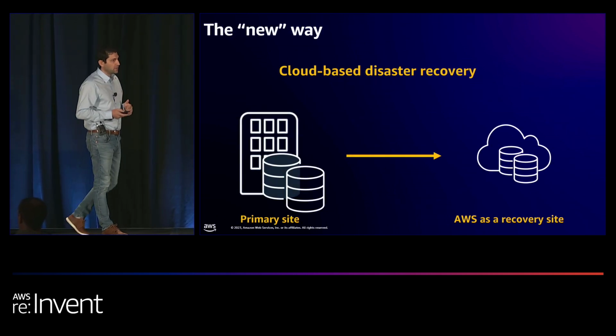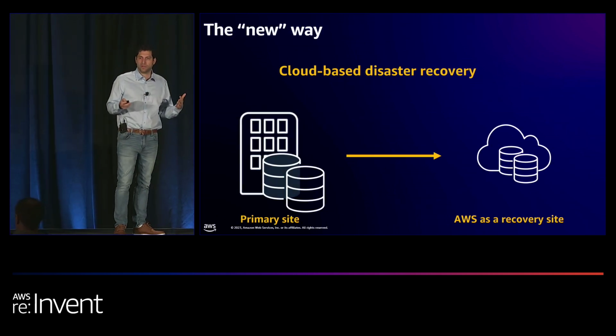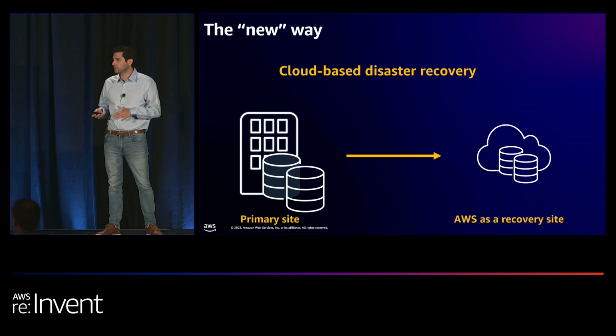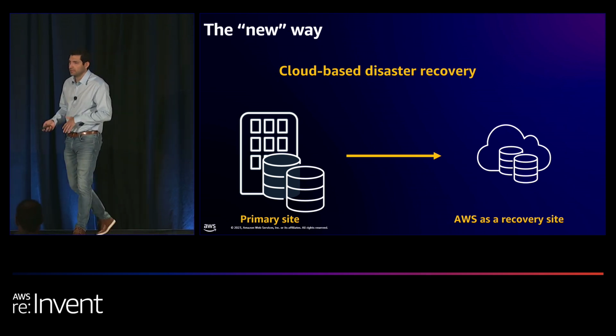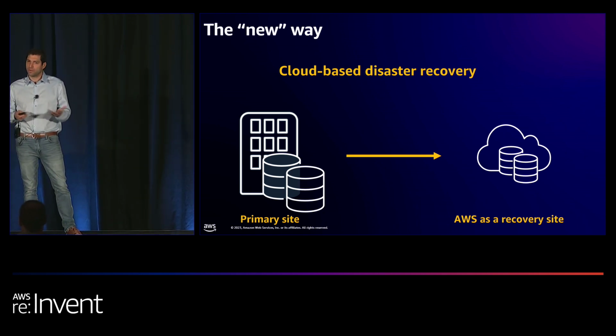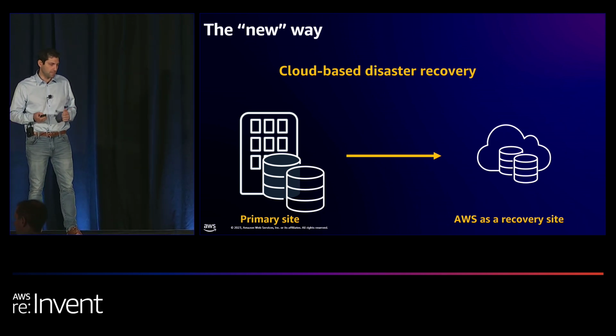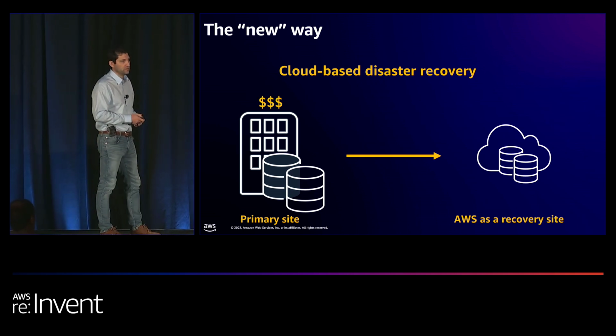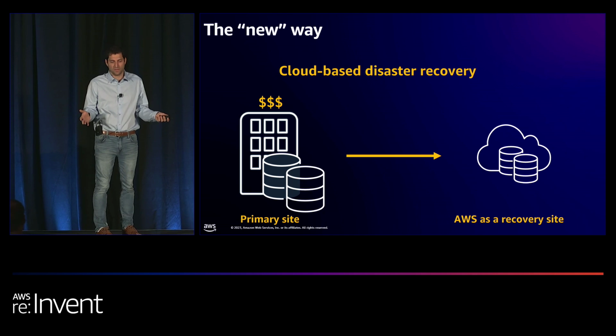And if we look at that paradigm of what we call the new way of disaster recovery, whether your production is running on premises or in the cloud, in AWS, whether it's cross-region or cross-availability zone, I still need to have my primary site fully provisioned. It's running my production workloads.